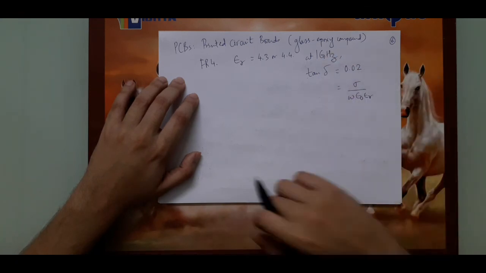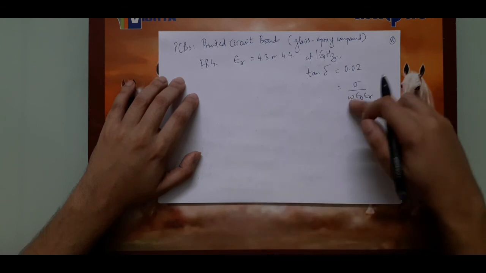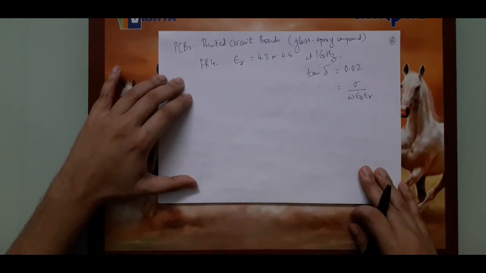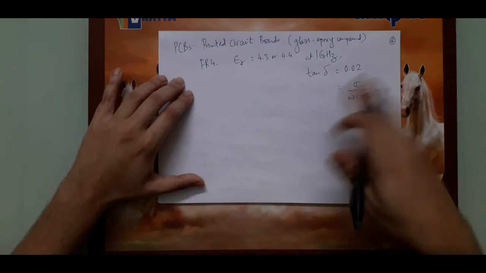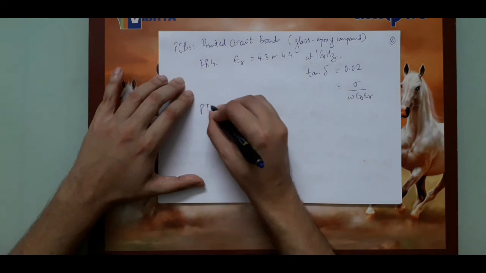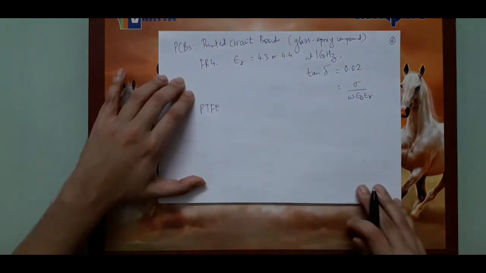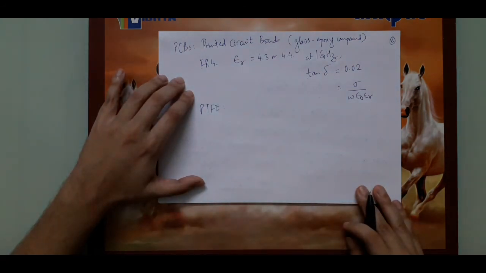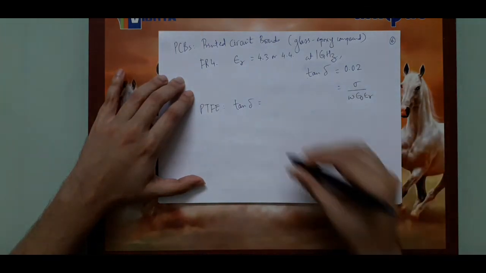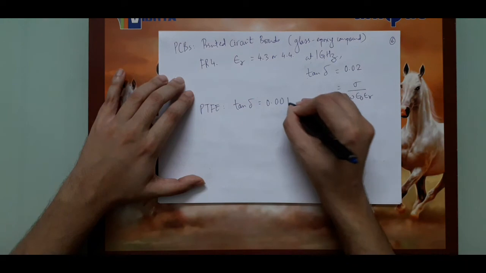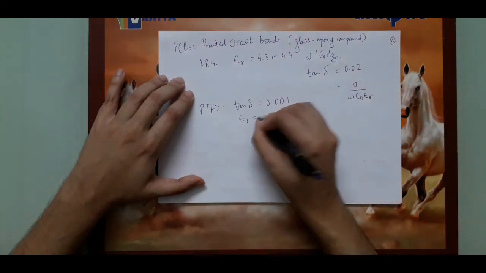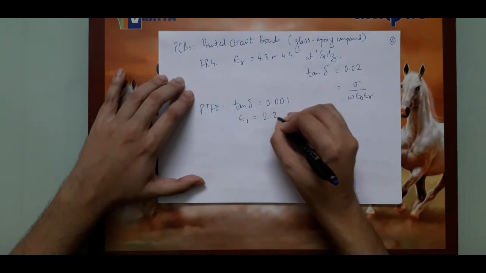That means even the conductivity is very, very small. So it's a fairly good insulator. But if you want even better material, you can go for something called PTFE, which is a Teflon compound, where tan delta is of the order of 0.001, which is 20 times less than that of FR4, and this has epsilon r of roughly 2.2.